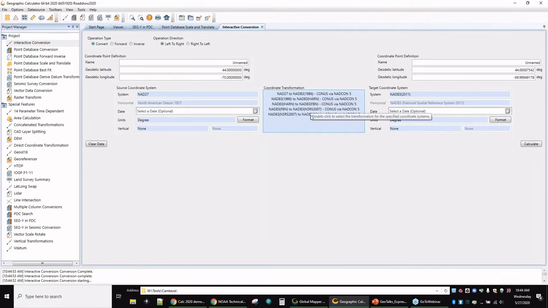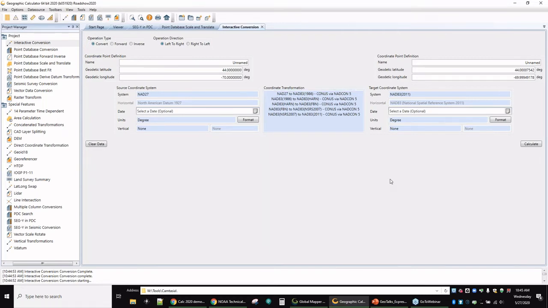That encompasses basically the 30 years of movement between NAD83 1986 and where we are in the current epoch, and allows us to make a transformation that up until NADCON 5, just wasn't practically possible. You would actually have to do a series of 5 different transformations to get that done.